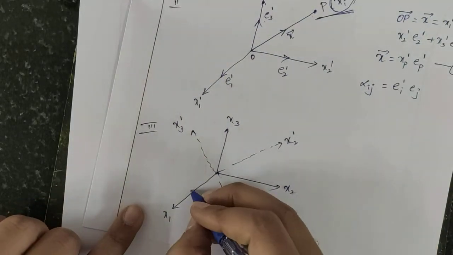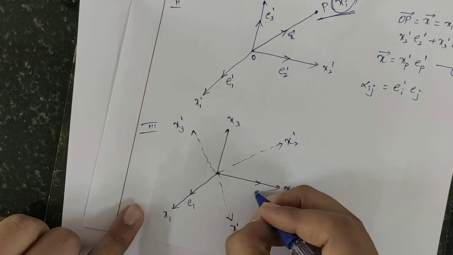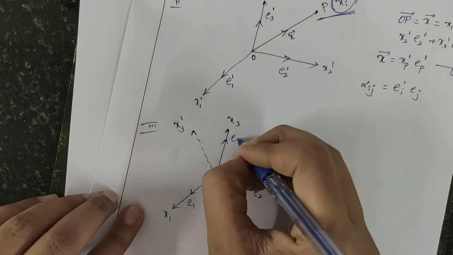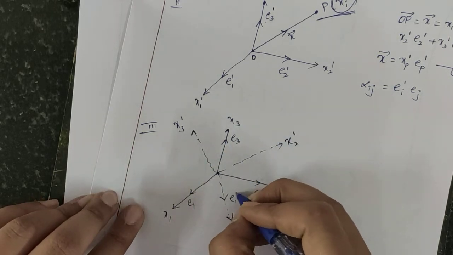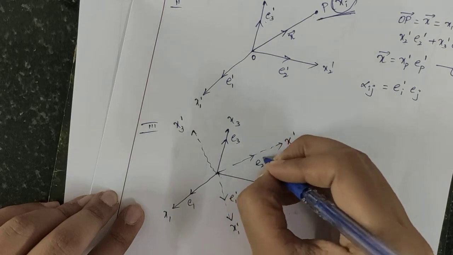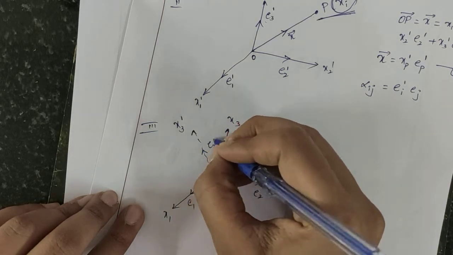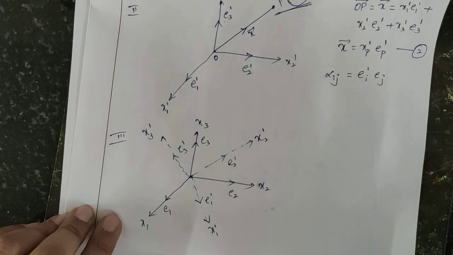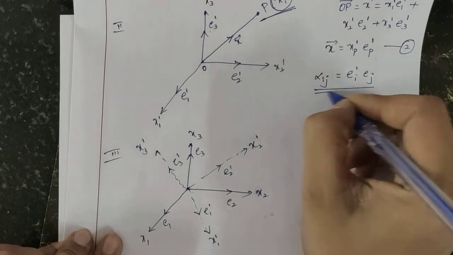Okay, so for this the base vector is e1, e2, e3. Here we can write e1 prime, e2 prime, e3 prime. Right, now let's come to this point.